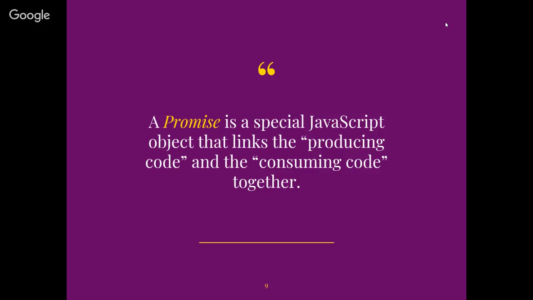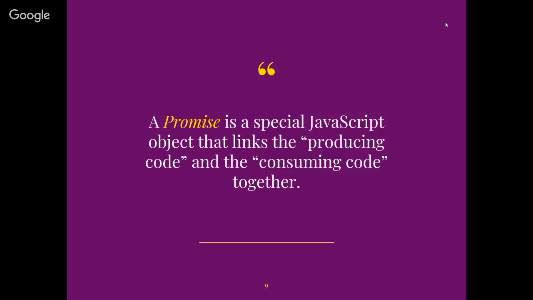The promise also allows the producing code to take all the time it needs to produce the promise result and make it available to all of the subscribed code, which is essentially the consuming code. So with the use of promise, we actually make a verbal promise to the consuming code that some kind of producing code is going to produce the value it needs.